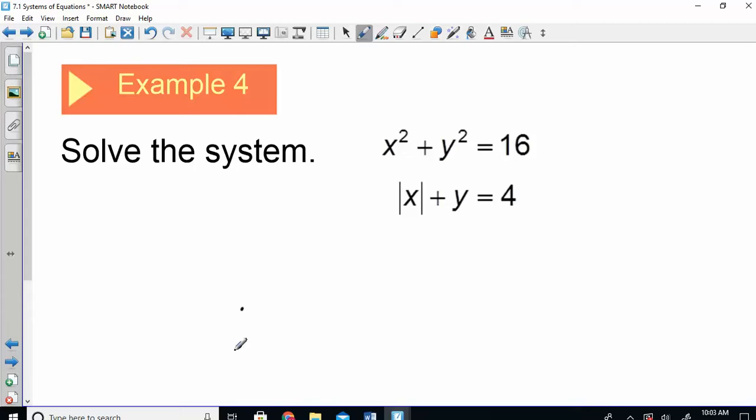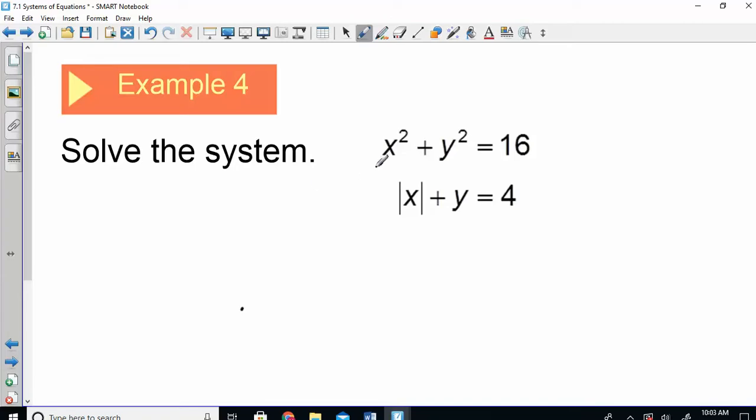Okay, so the first equation, if I were going to try to solve for one of my variables, we would have to add a square root and a plus and minus. So that's probably not going to be very friendly. So let's go with the second equation. Let's try to solve for one of my variables in there.